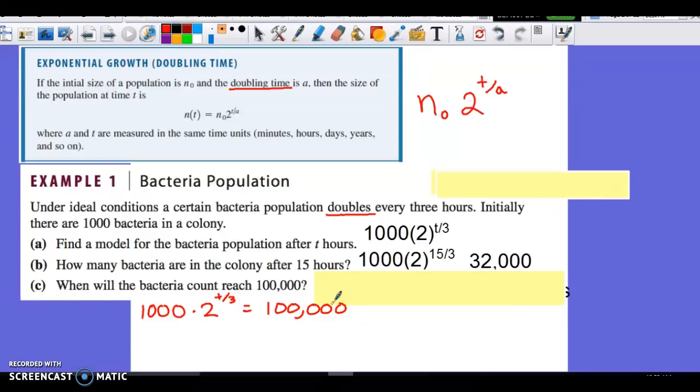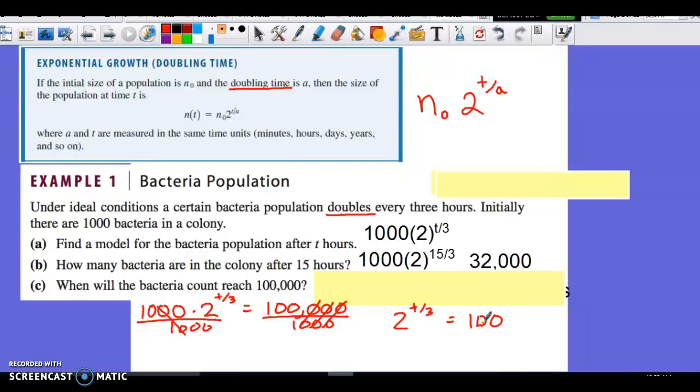I don't want to just sit there and plug in numbers for t, so I'm going to use algebra. I'm going to divide both sides by 1,000. The nice thing about working with zeros is you can just cross out the zeros. So we've got 2 to the t over 3 equals 100.